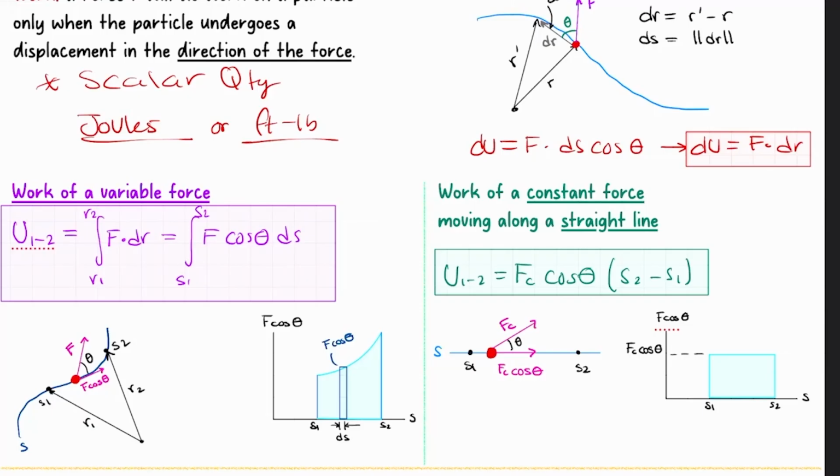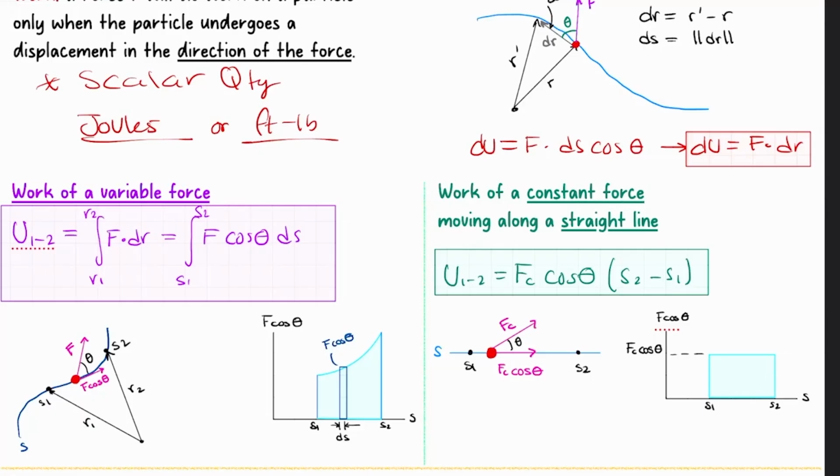You can see it down here, right? The force might be at an angle, but we're going to be using only the component of the force that is collinear with the direction of our displacement, multiplied by the change in distance from state 1 to state 2. Now that's the overall equation for work.